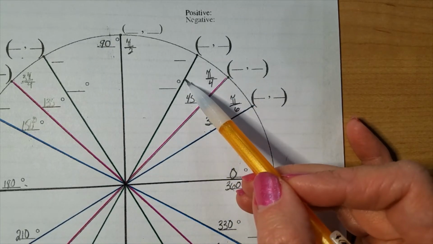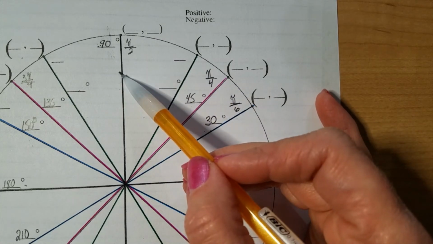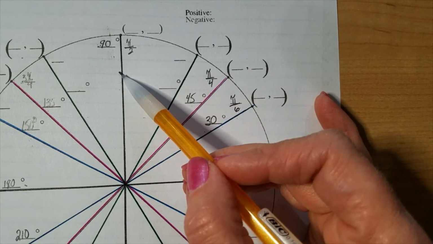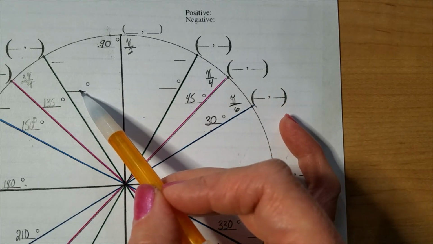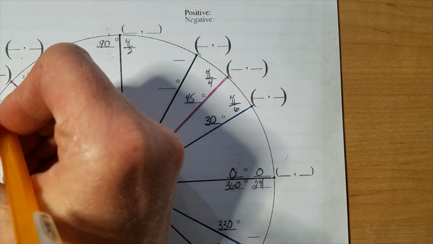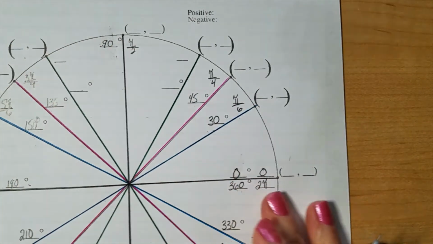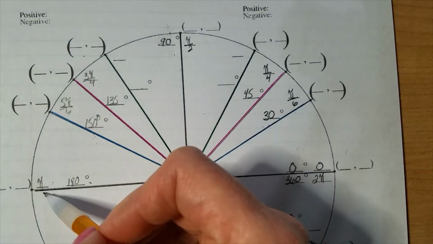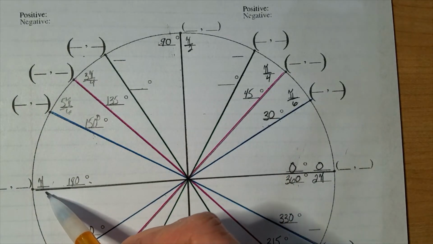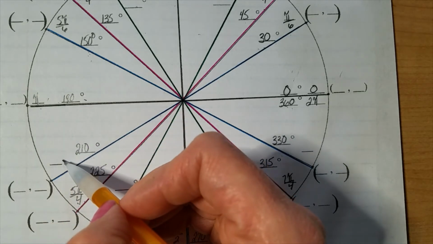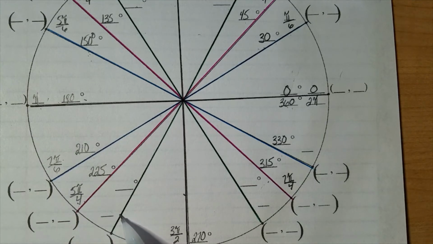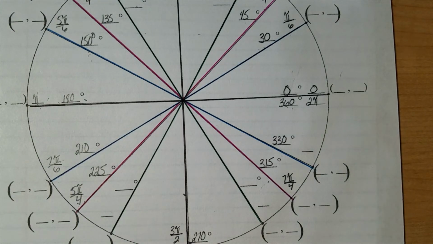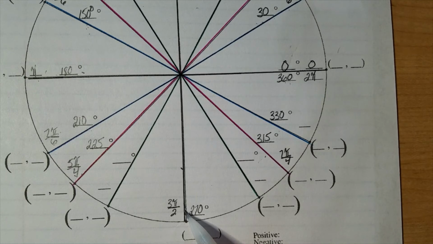Pi over 6, 2 pi over 6. 3 pi over 6 reduces down to pi over 2. 4 pi over 6. 5 pi over 6. 6 pi over 6. 7 pi over 6, 8 pi over 6, 9 pi over 6, 9 pi over 6 reduces down to 3 pi over 2.